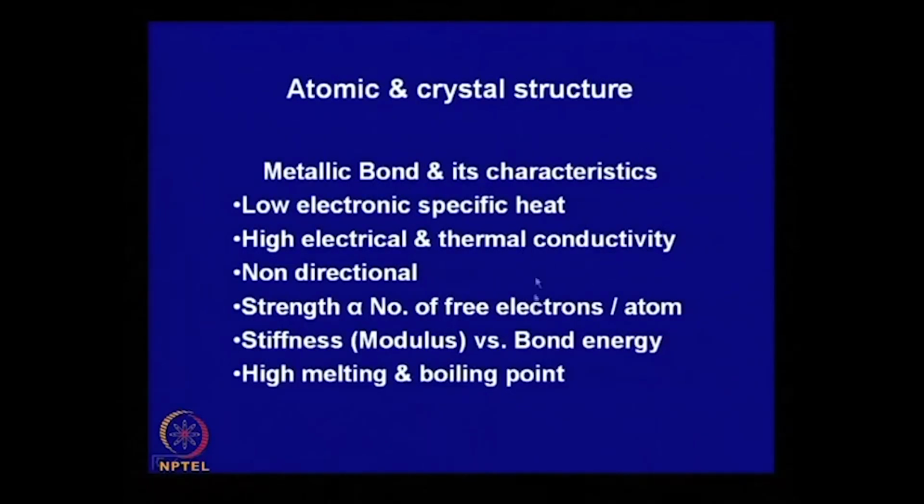Just to recapitulate, it has low electronic specific heat, it has high electrical conductivity, it is non-directional, strength of this bond is proportional to the number of free electrons per atom, it has high stiffness and there is a relationship between stiffness and bond energy, and it has high melting and boiling point.